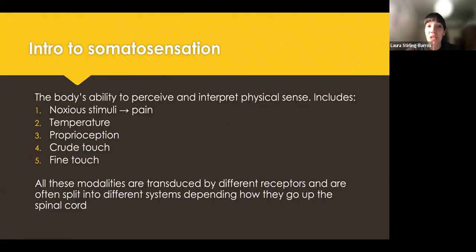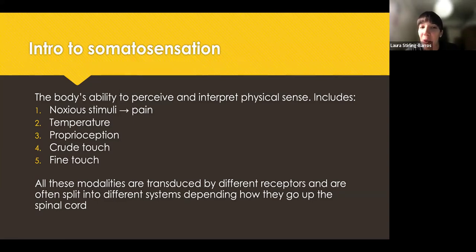Okay, so just an introduction. Somatosensation is the body's ability to perceive and interpret physical sense. That has different modalities, including noxious stimuli, which is interpreted as pain in the brain, temperature, proprioception, crude touch, and fine touch. Overall, all of these different modalities are transduced by different receptors, and then they go up the spinal cord through different paths.